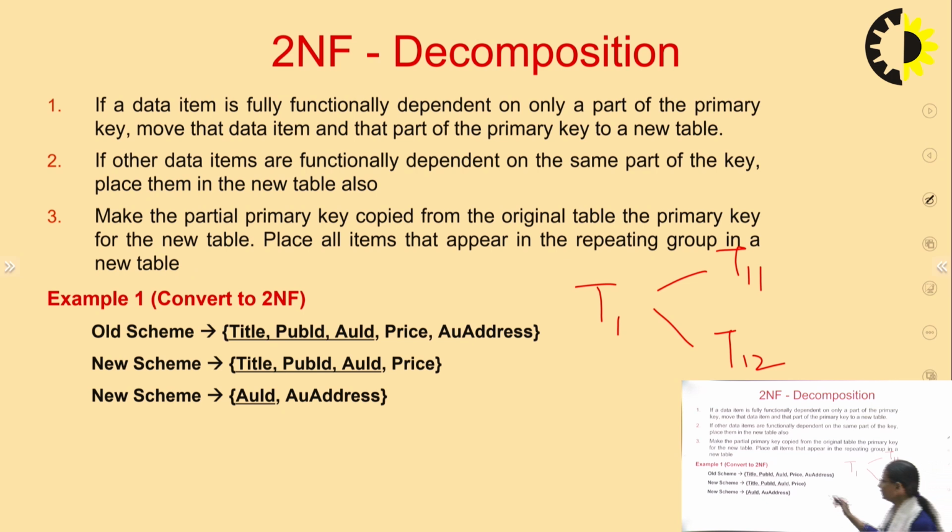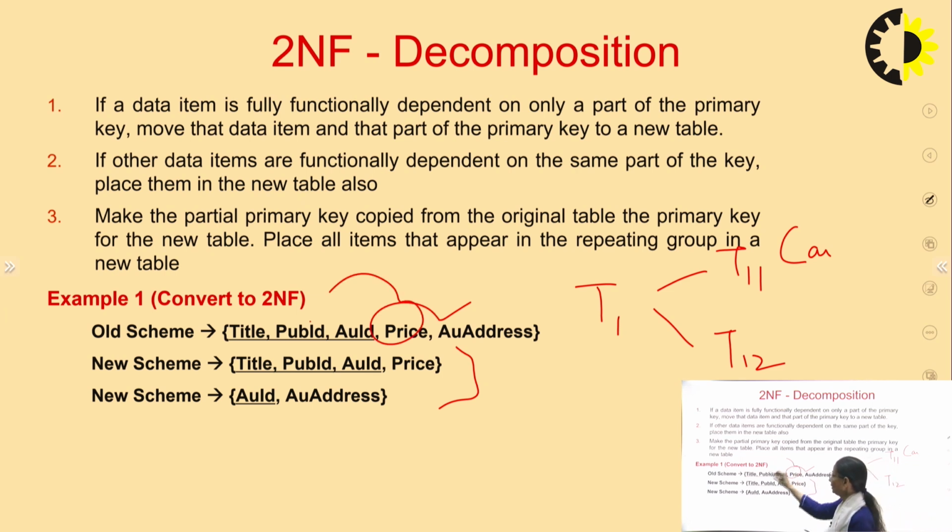Here we have seen this example earlier. This is my old schema. According to my new schema, what these three points are saying is that I need to break it down. Here I will bring this particular attribute, which is dependent on all these candidate keys, so we will reserve these attributes.